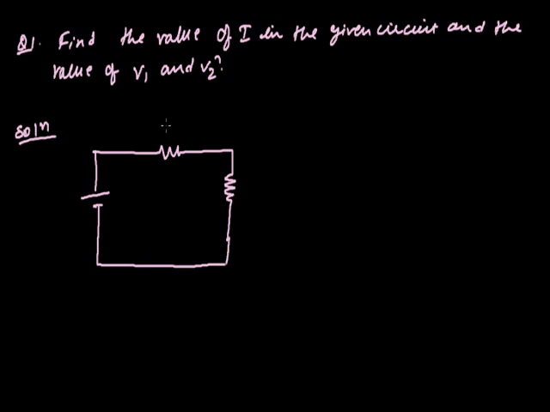Here this resistance is 2 ohm and here this resistance is 4 ohm. This is the battery, with the positive terminal and the negative terminal. The voltage of the battery is 12 volt and the resistances are 2 ohm and 4 ohm.